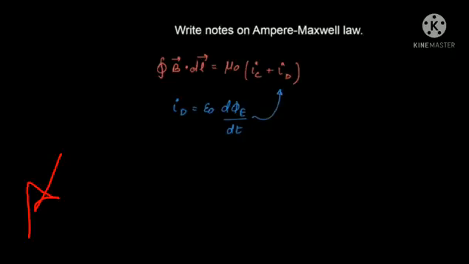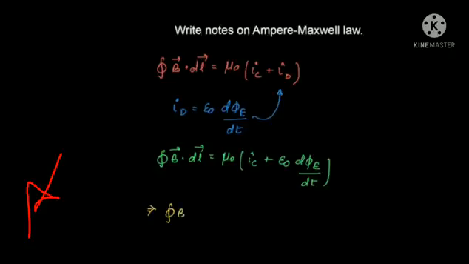Now I'm putting the value of ID from the second equation into the first equation. So we get the Ampere-Maxwell law as integral B dot dl over a closed path equal to mu naught times IC plus epsilon naught times d phi E by dt, multiplied by mu naught. Simplifying one more step, we get integral B dot dl over a closed path is equal to mu naught IC plus mu naught epsilon naught d phi E by dt.